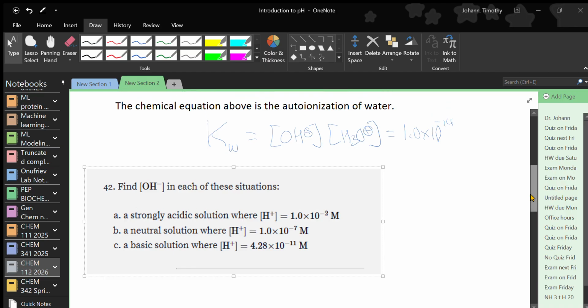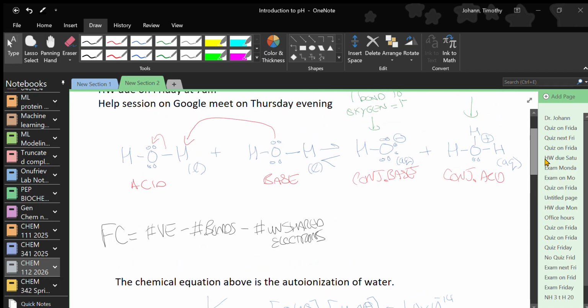Do you remember Le Chatelier's principle? You may not, because it's been a break and you took the test and it was traumatic and all sorts of things like that. But super useful. Super non-math useful. Le Chatelier's principle says if I have something at equilibrium and I add something to one side or take something away from one side, it's going to shift to compensate for that. All right?